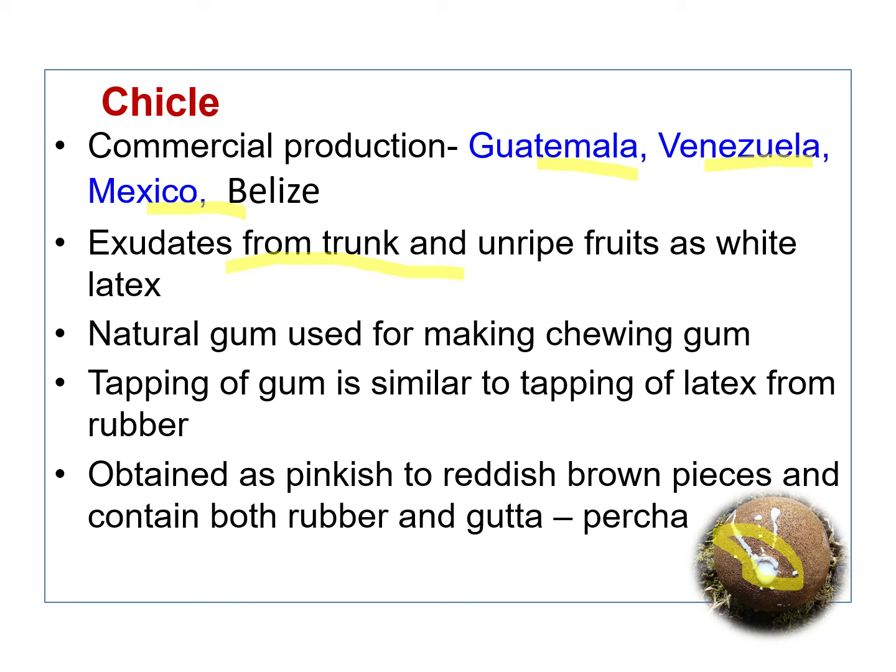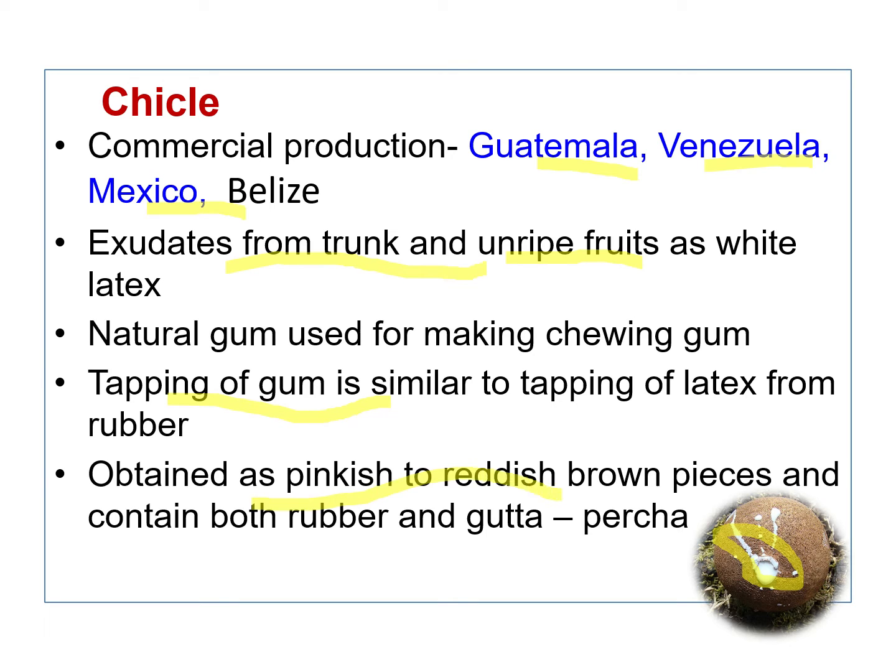Then the chicle can be produced from the trunk and also the unripe fruits. As already mentioned, it is used in the making of chewing gum. And this tapping of gum is similar to the tapping of latex from the rubber, and this will be extracted from the trunk and also unripe fruits, and it will be poured into dishes, and later it will be stored or marketed like blocks.